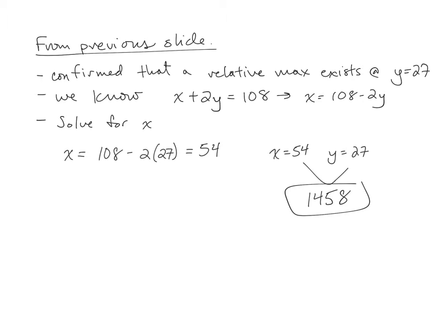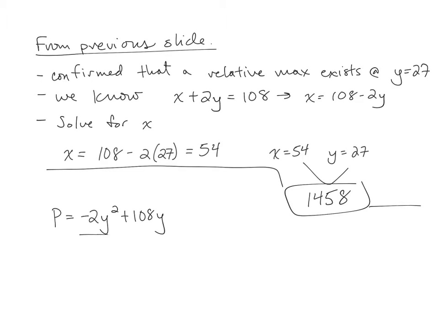Lastly, I want to state something about this particular example. When we found our primary equation and decreased the number of variables, we found that p equals negative 2y squared plus 108y. This is, in fact, a quadratic equation opening down. So the graph of this is a parabola.